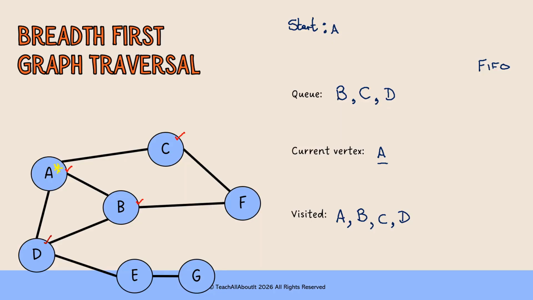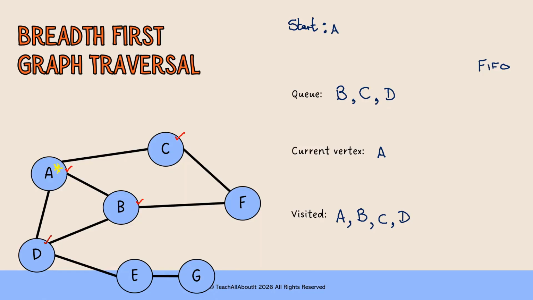And this is where the queue actually comes into its own, because now our current vertex needs to change, because A has now visited all of its connected nodes. Rather than try and work out in the graph what to do, we're going to use the queue. The first thing that we need to take out of the queue is B, because it's at the front of the queue, and the queue is a FIFO data structure.